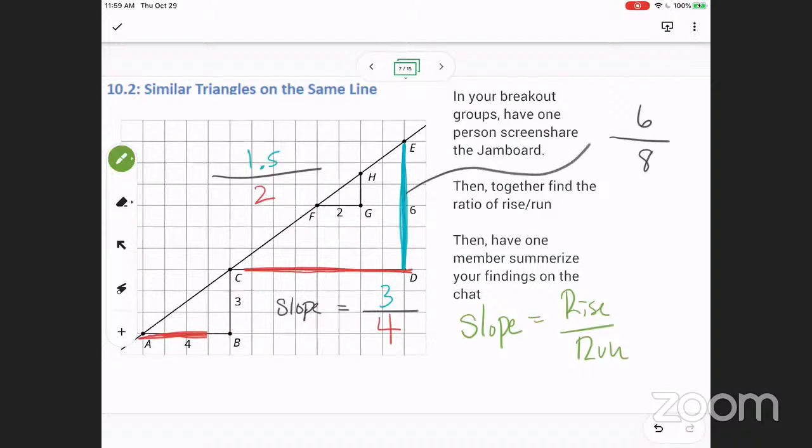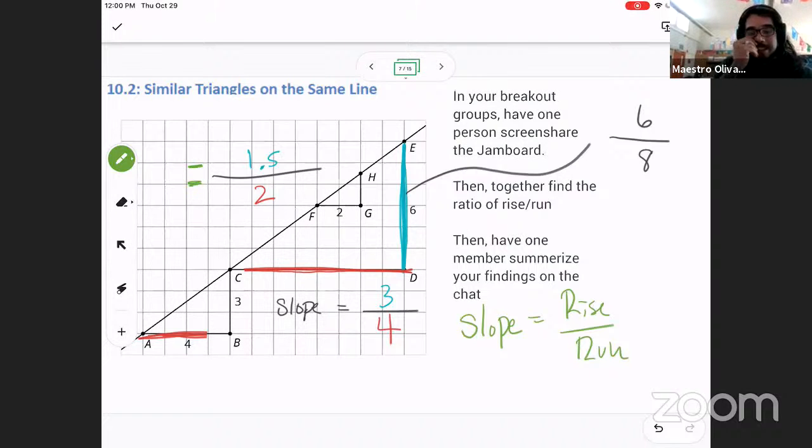I divided it by 6 and got 0.75, and then I divided 3 by 4 and got 0.75.